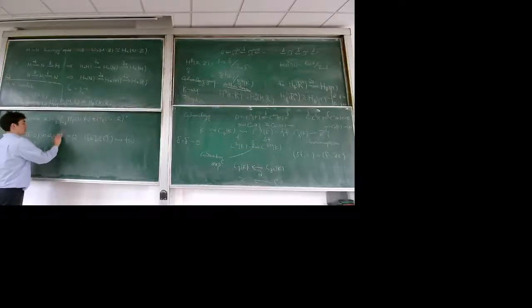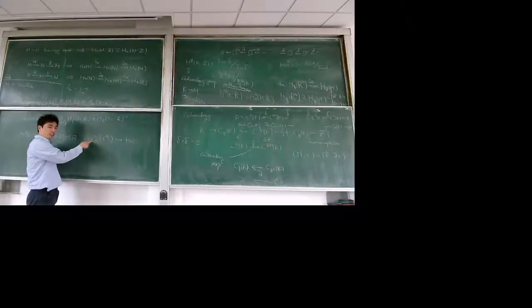This is R coefficient, any R coefficient, Q, okay. R is a ring. The ring can be anything, C, Z, or R, or maybe Q sometimes.